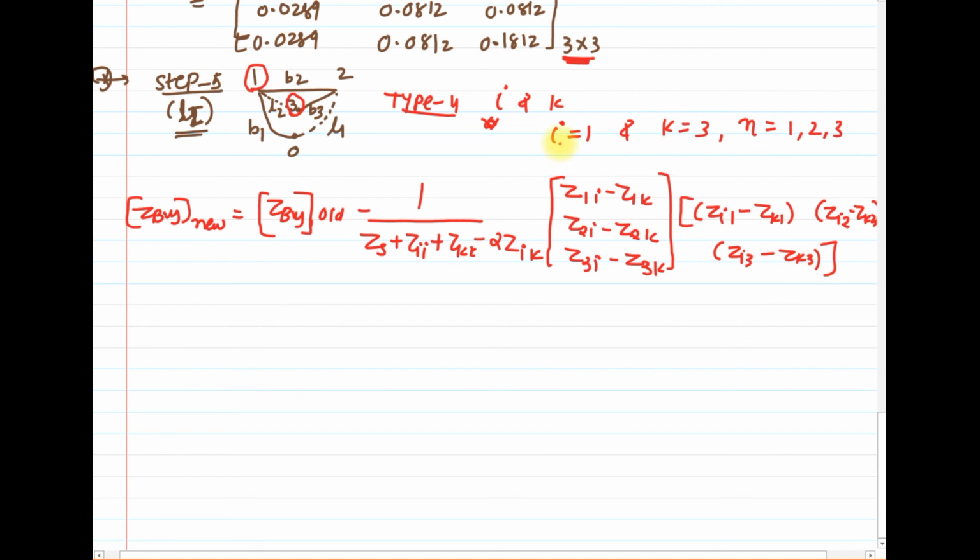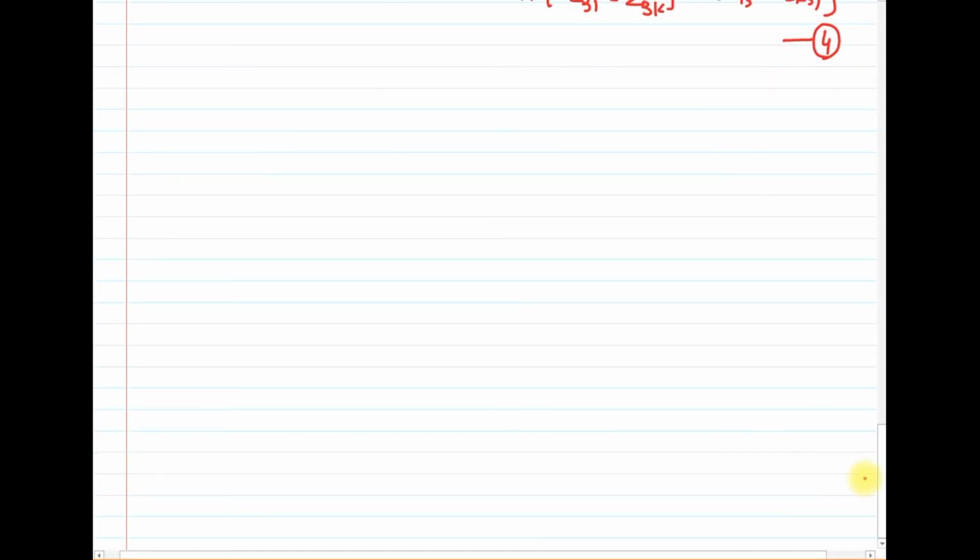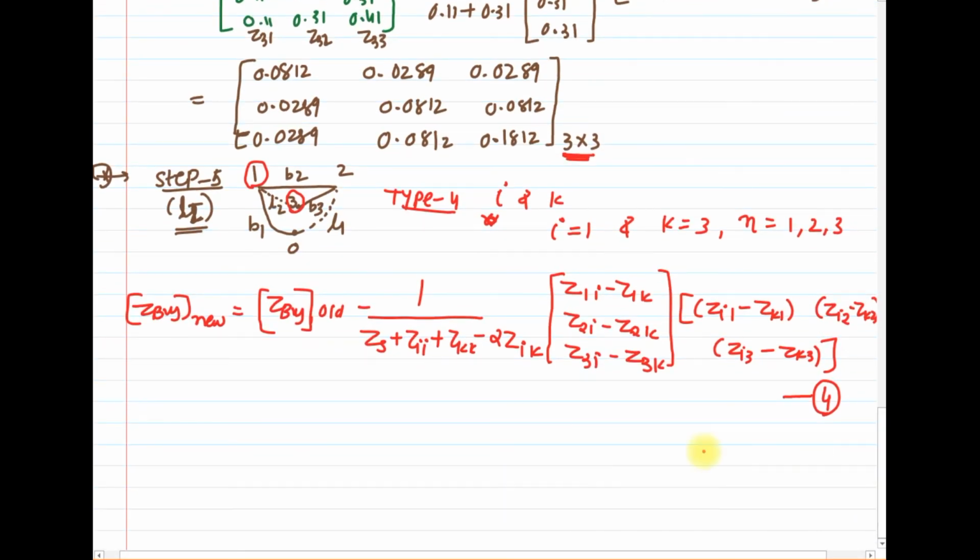Now just substitute i equal to 1 and k equal to 3 in this equation number 4 for type 4 modification. So I will write the final equation and then directly write the final answer. You just need to verify it by yourself.